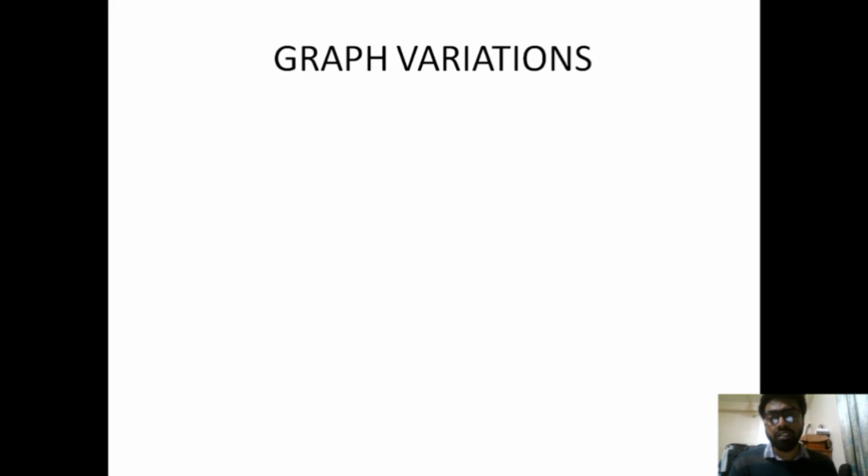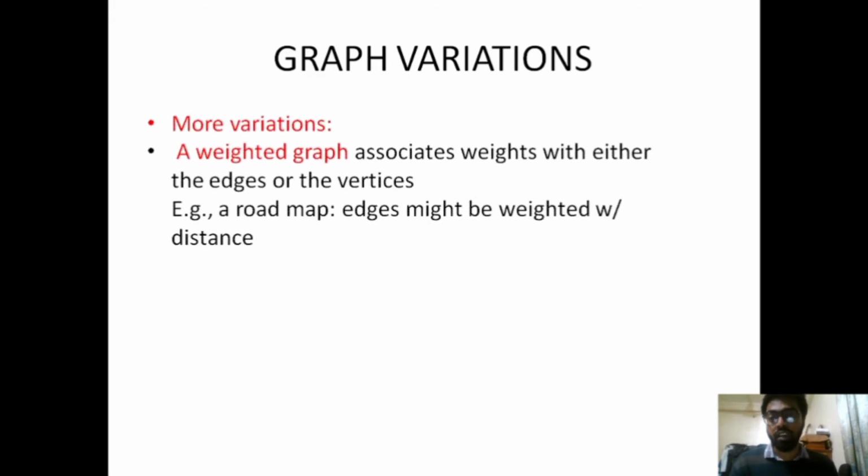There are more variations of graph. A weighted graph associates weights with either the edges or the vertices. We can see an example there.